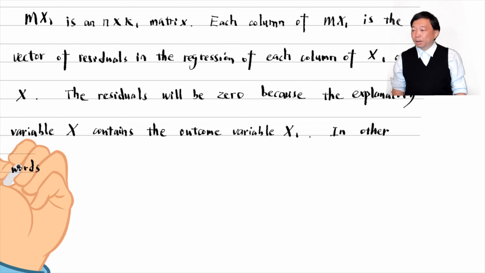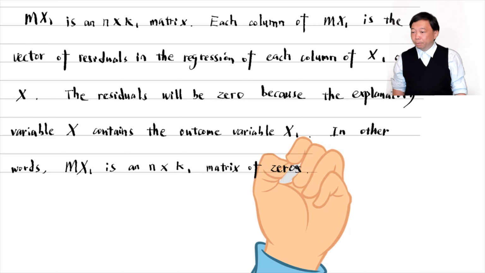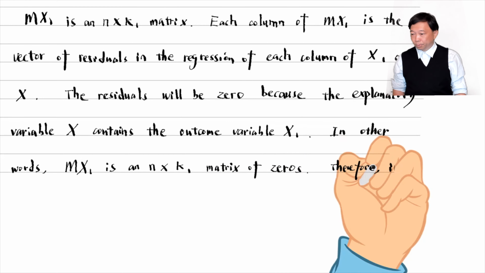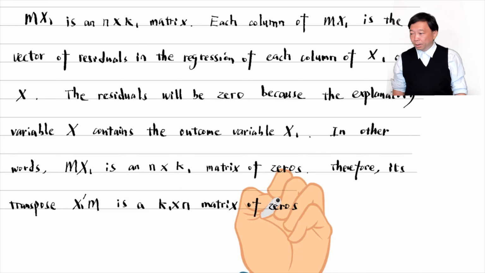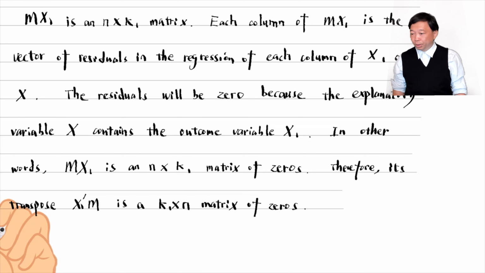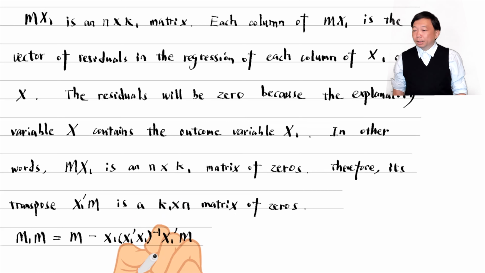In other words, M times x1 is an n by k1 matrix of zeros. Therefore, its transpose is a k1 by n matrix of zeros. Returning to M1 multiplied by M, it equals M.